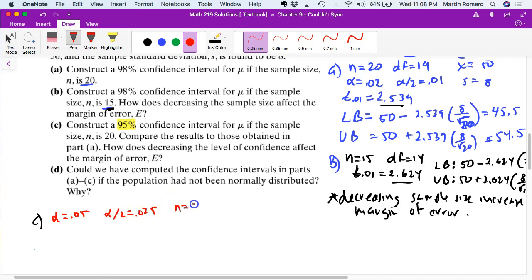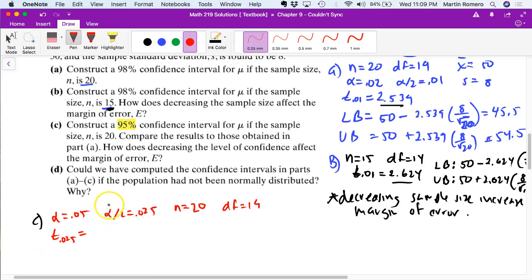We still have n equals 20. Degrees of freedom would equal 19. We now need our t alpha over 2, so 0.025. That's going to change because we have 19 degrees of freedom, and we've changed our alpha level.